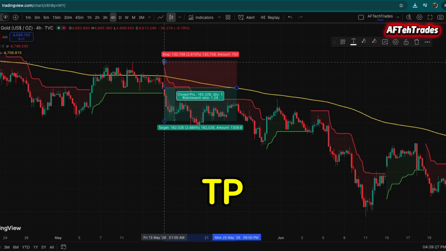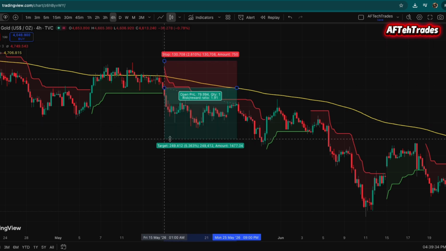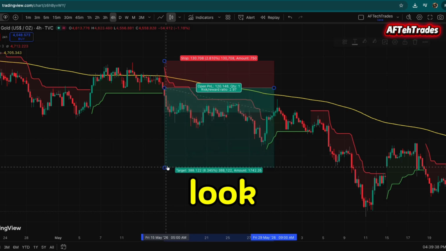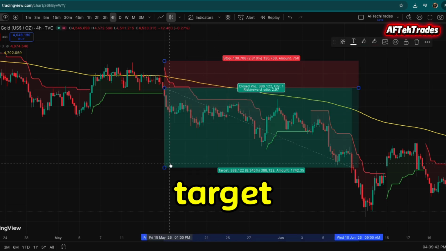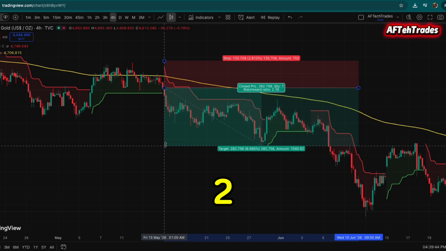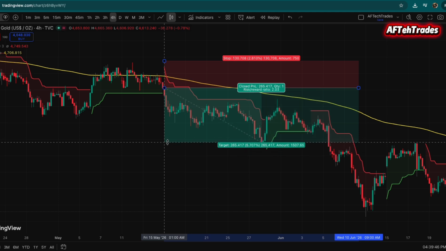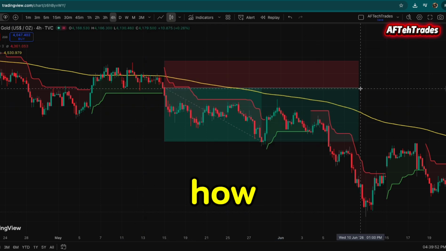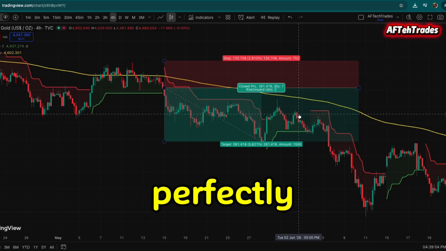And my TP targeting 1 to 2 risk reward, okay? So you would look and target 1 to 2. Okay, so you can see how this trade plays out perfectly.